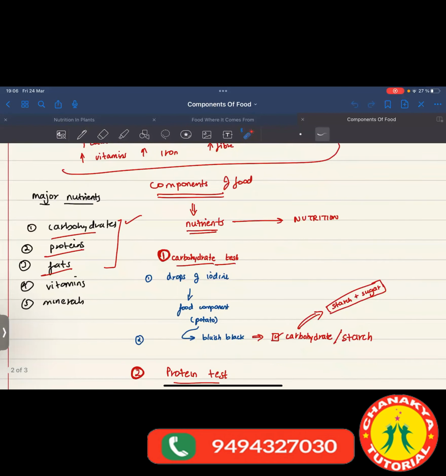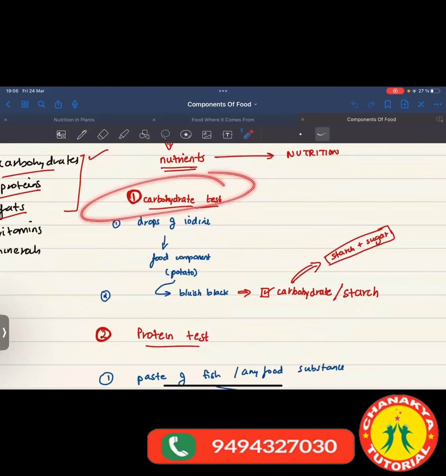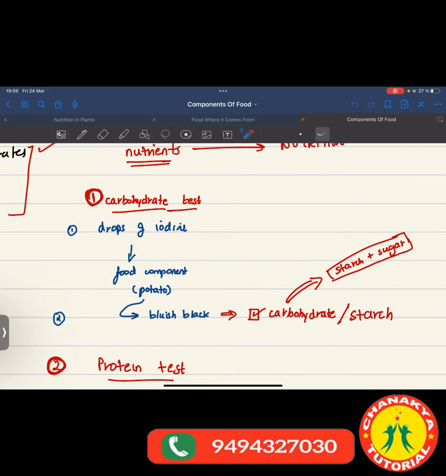So for the carbohydrates test, you just take your food material, a small amount of dosa or a small amount of chapati, whatever. You add drops of iodine. Iodine is a bluish black kind of liquid. This iodine you put on the food component. Here I'm using potato. This potato will turn bluish black in color.